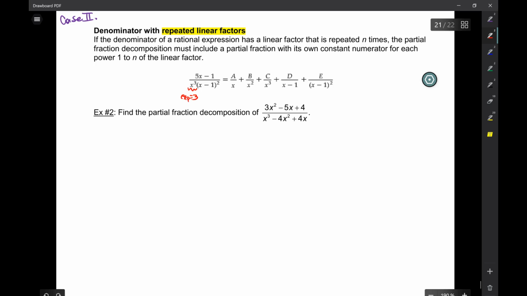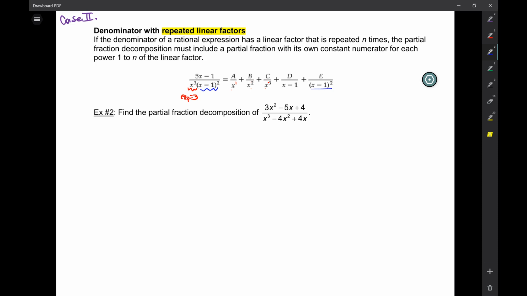So look at what you do. You do x to the 1, x to the 2, x to the 3. This has an exponent of 2. So you do x minus 1 to the 1, x minus 1 to the 2. You start from 1 and you increase until you hit the maximum exponent. Whichever one has a multiplicity of 2 or higher, you have to increase factors.